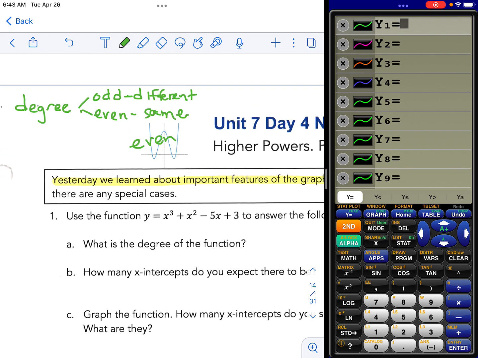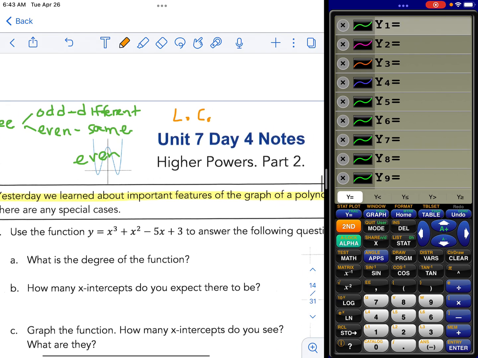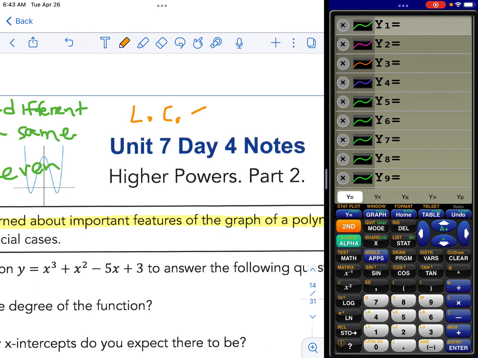And then we looked at the leading coefficient. If the leading coefficient was positive, then the right side goes up.